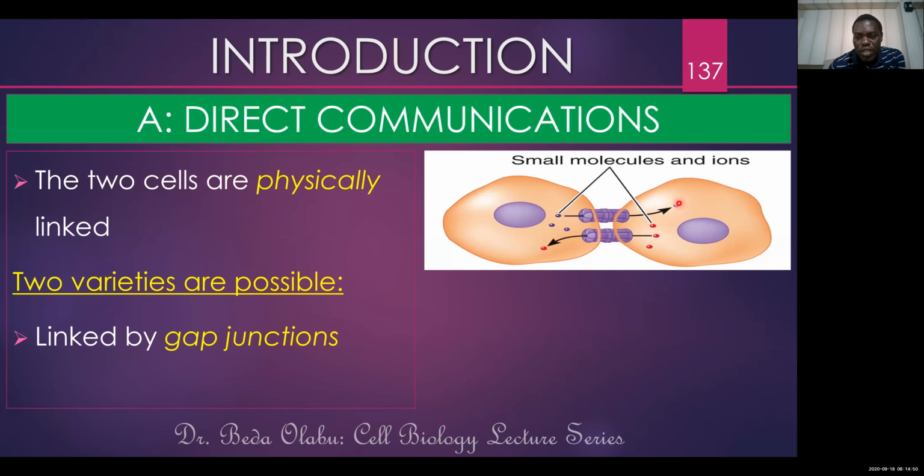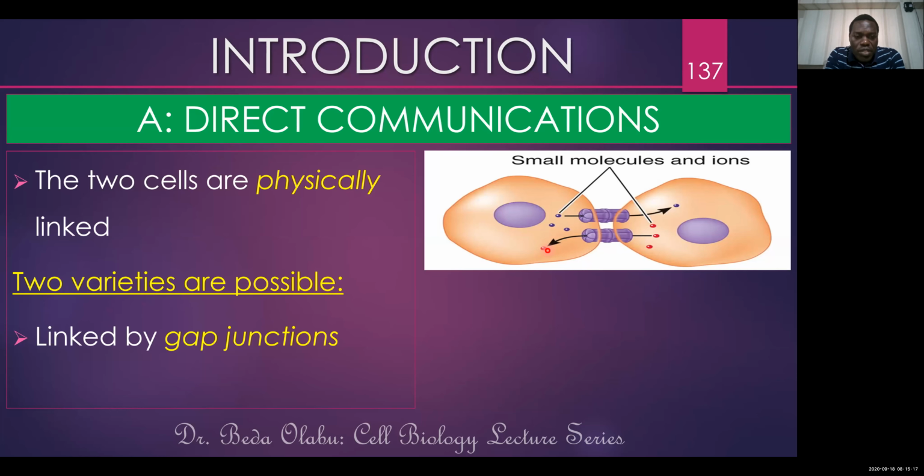You remember we talked about types of transport of small molecules. Those small molecules can easily go through the gap junctions to the other cell, and vice versa. If there is something that is higher in concentration on this side, it can easily move to the other side. So cells do communicate via gap junctions.